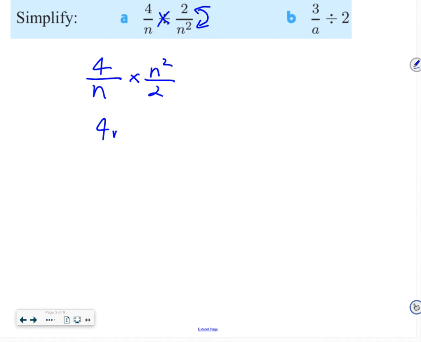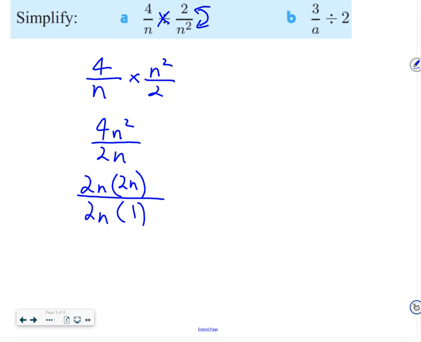So we get 4n squared over 2n, recognizing my greatest common factor is 2n. I'm left with a 2n here. That's my numerator, and I get 2n times 1. This simplifies to 1, so I'm just left with 2n over 1, which is equal to 2n.